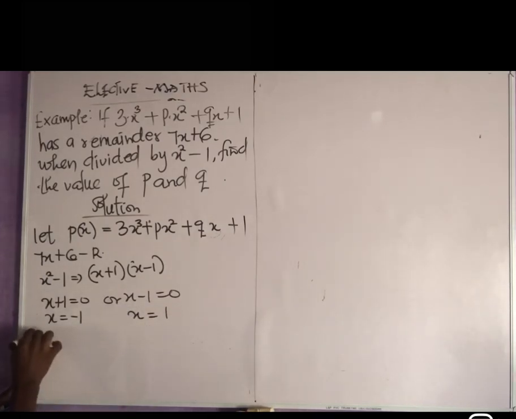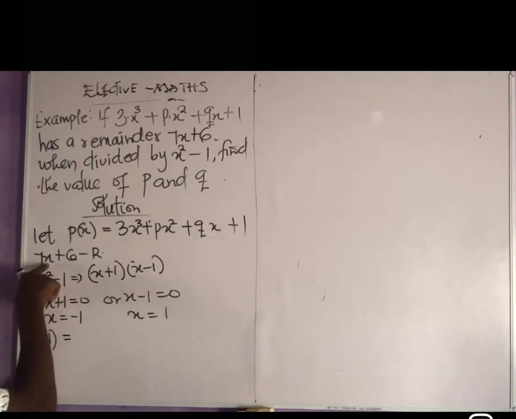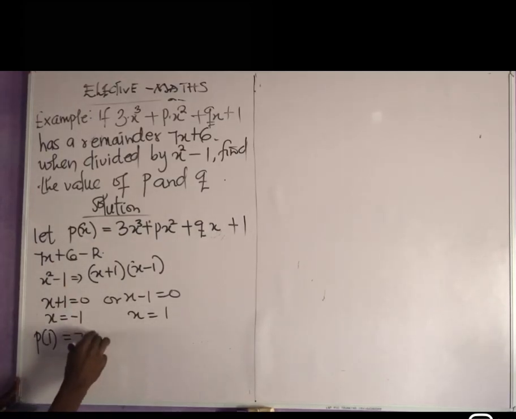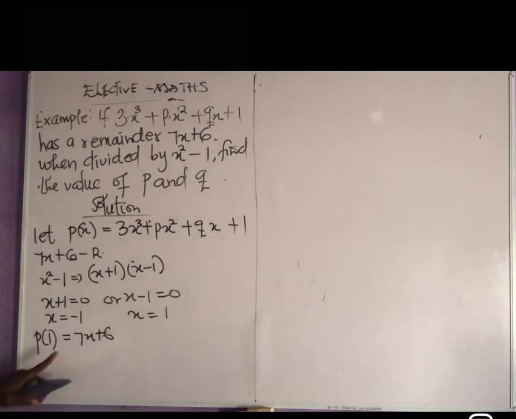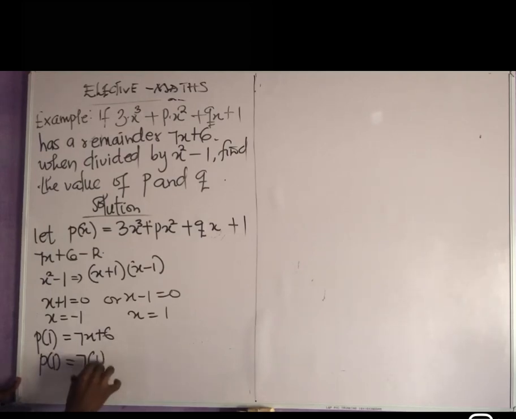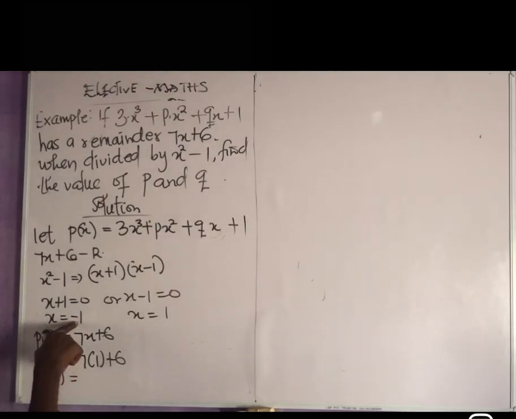Meaning that p of 1 is equal to the remainder, 7x plus 6. Wherever I see x, I can substitute 1 into it. So p of 1 equals 7 times 1 plus 6. Sorry, here it is negative 1.